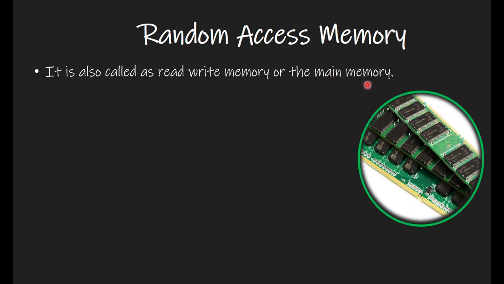Because our processor or CPU can directly interact with RAM, and it can read the data from the main memory or RAM and write the data directly to RAM. That's why it is known as main memory. So if you see, RAM is a stick-like structure that contains various ICs embedded on it.